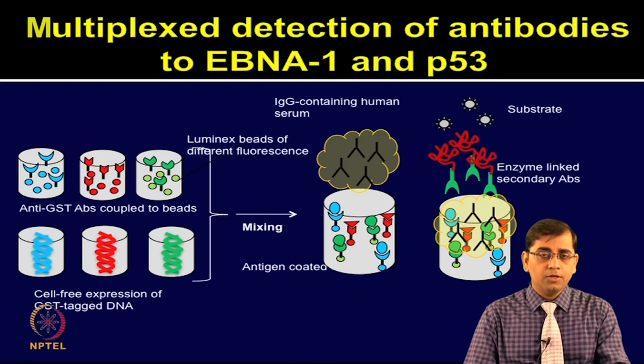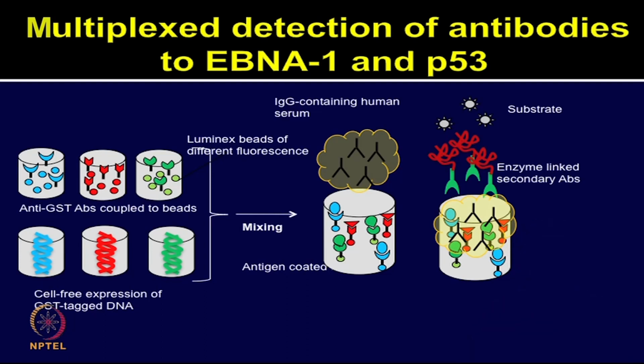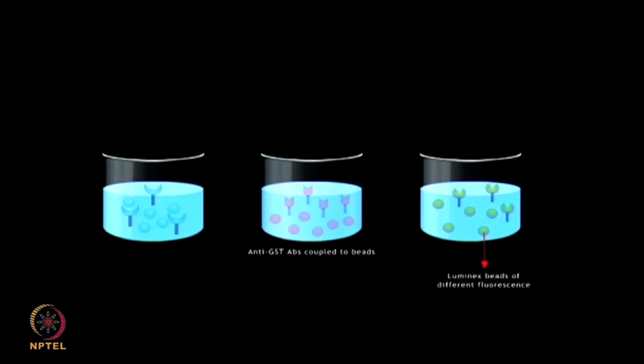Let us see the steps involved in this experiment in the following animation. We will now look at another application, rapid bead based assay for multiplexed detection of antibodies to EBNA1 and p53, study by Wong et al., 2009.